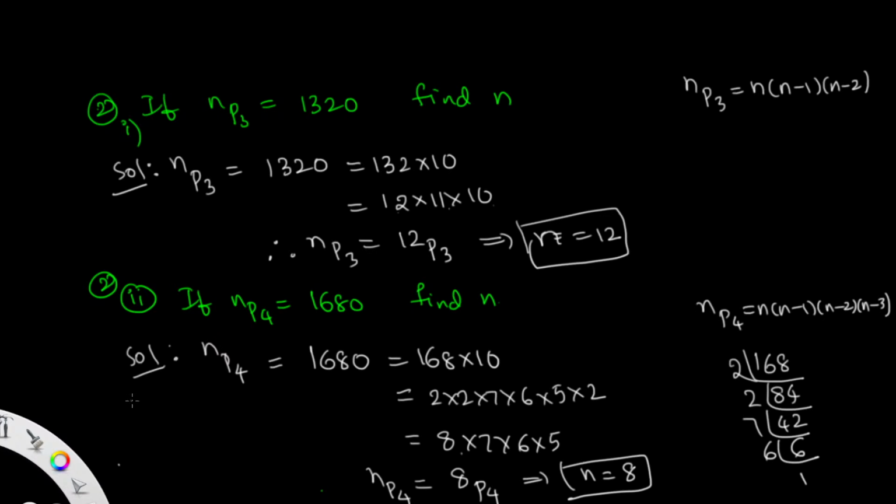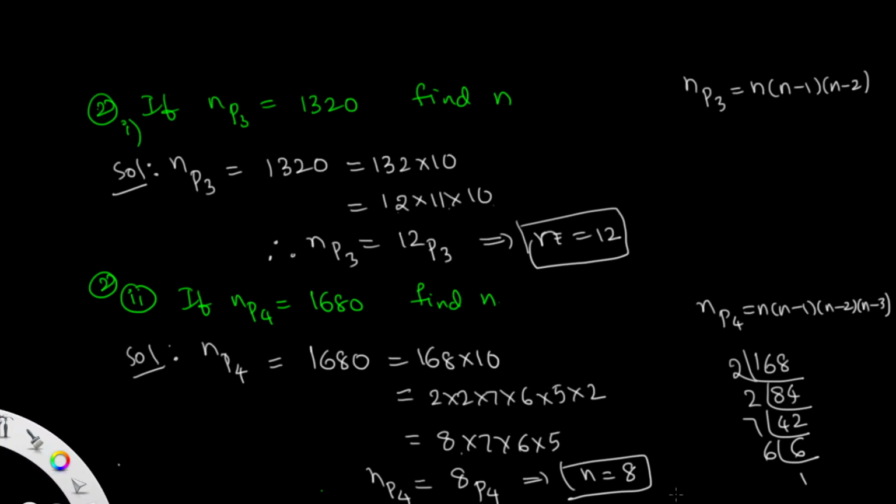Then go to the second bit, third question. The third question is given, with a similar method. The first question was nP3, here nP4 is given; 1320 was written as 12P3, whereas 1680 can be written as 8P4. Similarly, the second bit, third question: what is given? nP7 equals 42 into nP5, then find n.